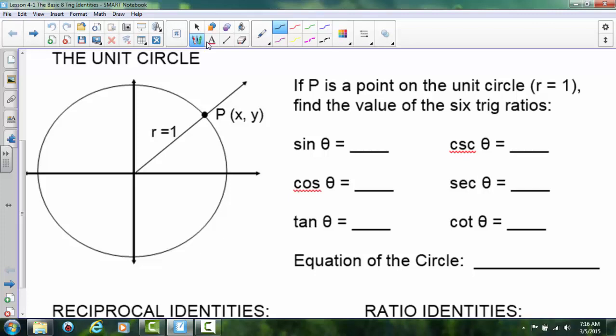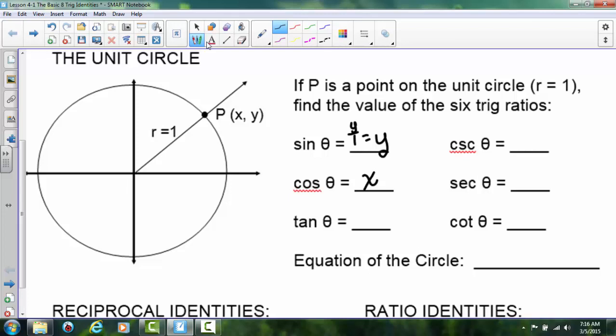Okay, so we know that sine theta in this instance was y over r. Well, in all instances it is y over r, and so in this instance it's y over 1, or simply y. Okay, likewise, cosine theta was x over r, so in this case it would be x.